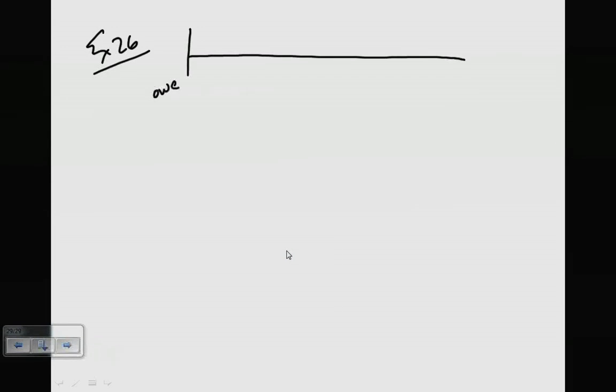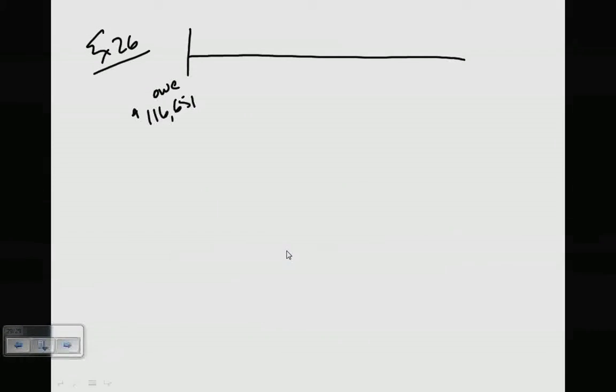So let's just think about our situation. This is exercise 26. Let's just draw a timeline. Currently we owe $116,651, right?